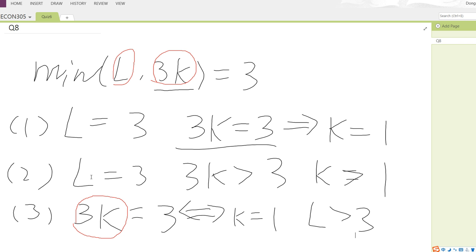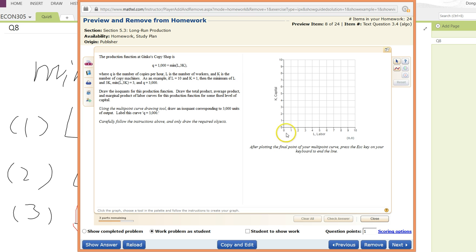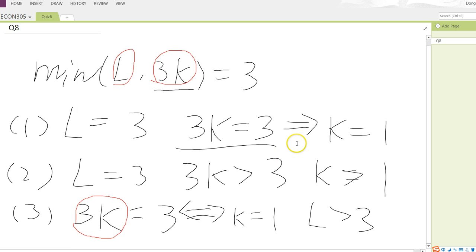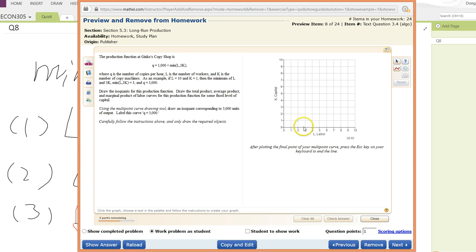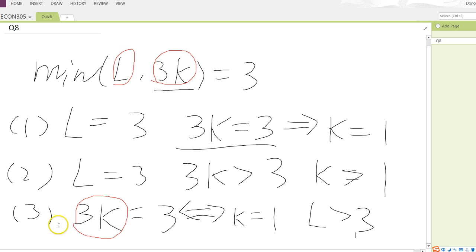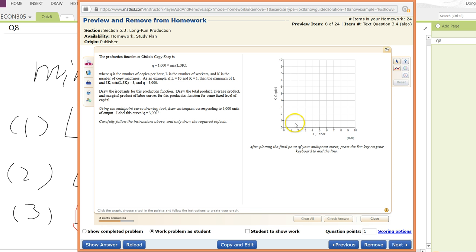It's a vertical line on this chart, because we make the horizontal axis L. So if we keep L at 3, and we make K above 1, we are drawing a vertical line above point 1. And the third scenario, when K equals 1, we can also make L bigger than 3. So that's a horizontal line above 3.